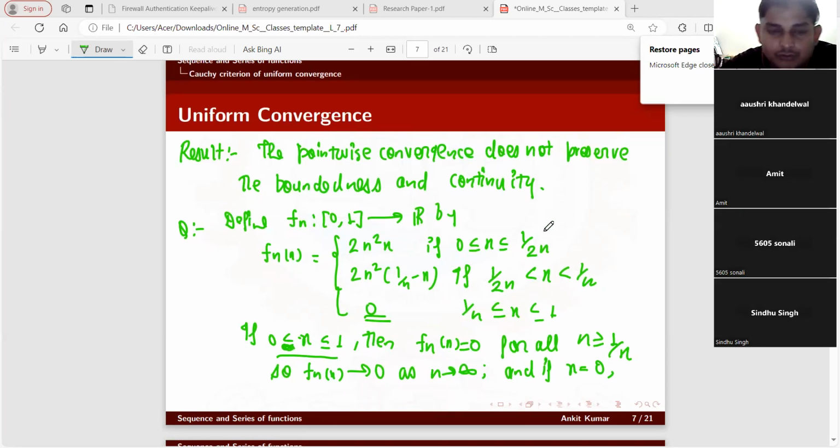If x is equal to 0, then fn(x) is equal to 0 for all n. So fn(x) tends to 0 also.